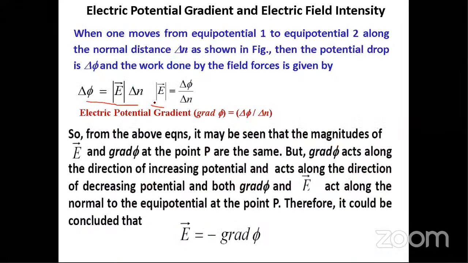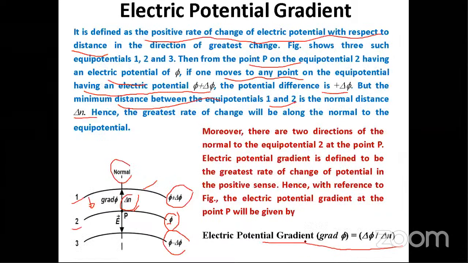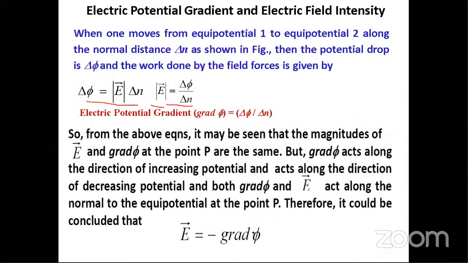So the electric field intensity can be denoted as del phi by del n, but with decreasing potential instead of increasing potential. That is why the electric potential gradient, grad phi, and the electric field intensity are magnitude-wise the same. The only difference is in sign.